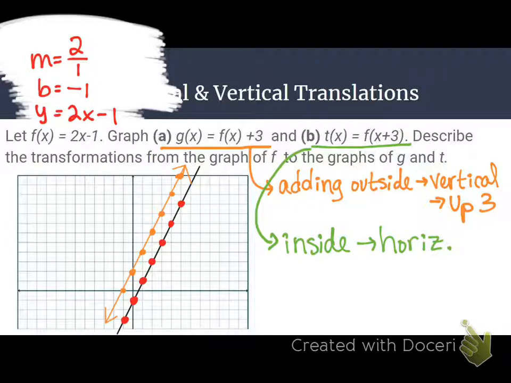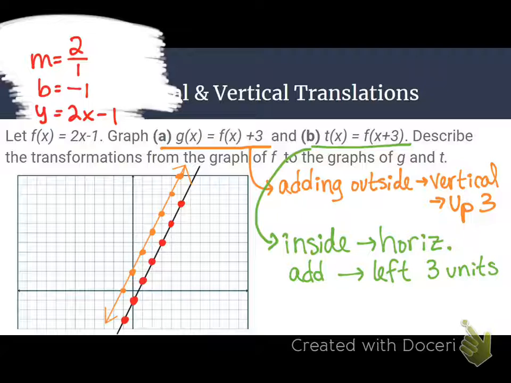And because we were adding, which way are we going? Left. This is the one that goes backwards from what we think. When we go horizontal, we have to go backwards of what is intuitive. If we are adding inside, that means we end up going left 3 units.